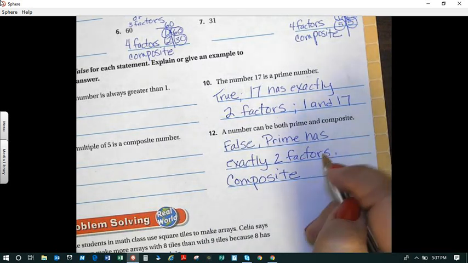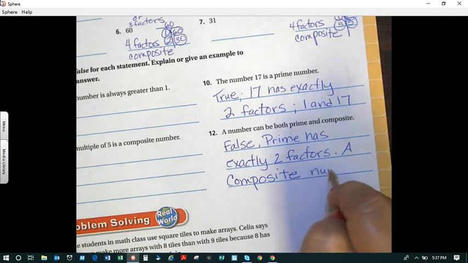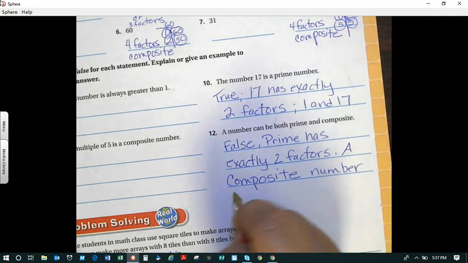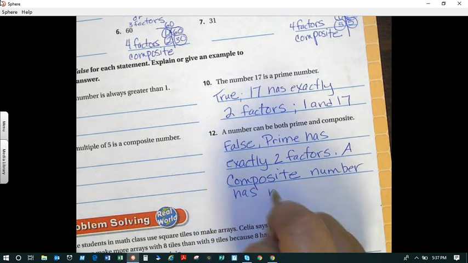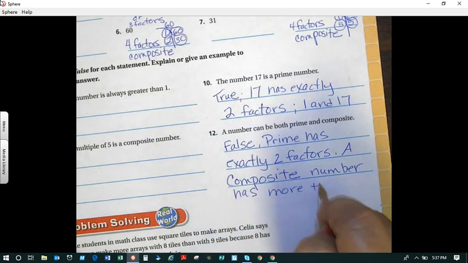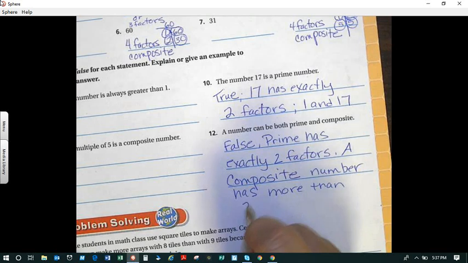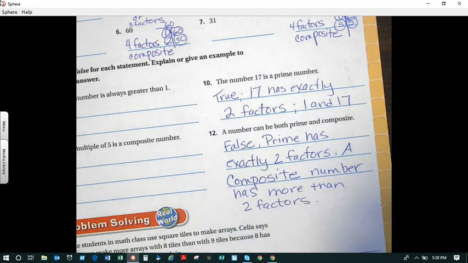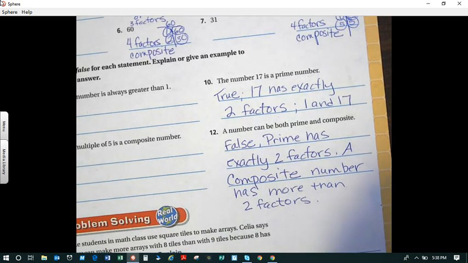A composite number has more than 2 factors. Okay? So remember, it's exactly 2, only 2.